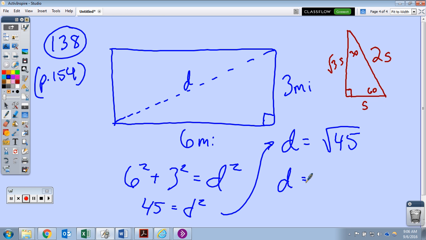No, that's a rounded value. If I want to keep it in radical form. What's that? You say 5 square root 5? This is a good review for you guys. It's advanced topics, simplifying radicals. See if something comes back.